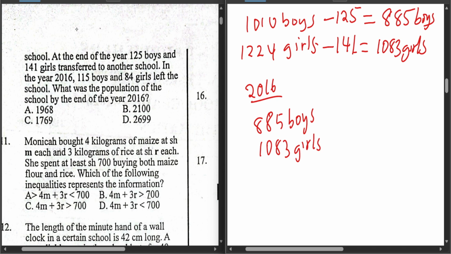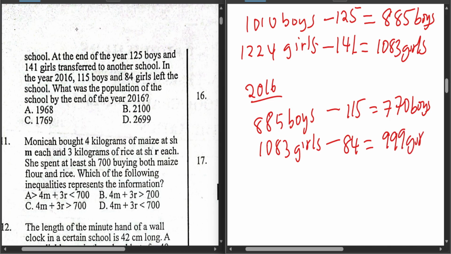Now again, some left. 115 boys left, and 84 girls left. So 885 minus 115 is going to give you 770 boys. If you subtract 84 from 1083, then 999 girls are left at the end of the year.